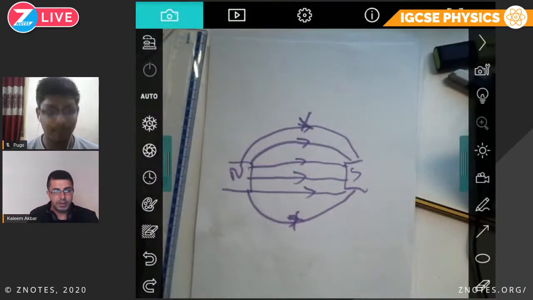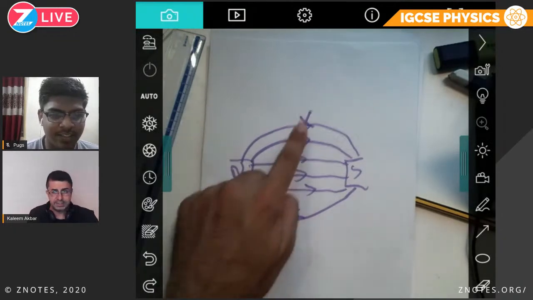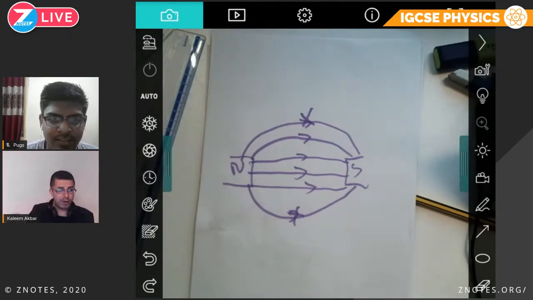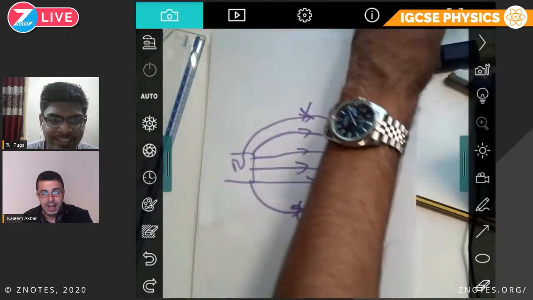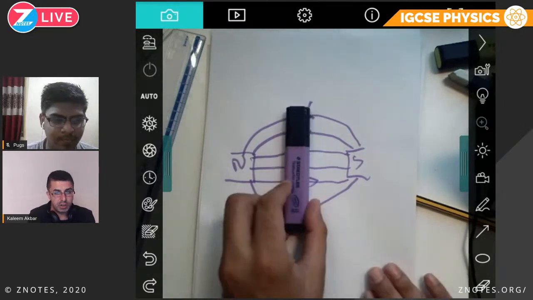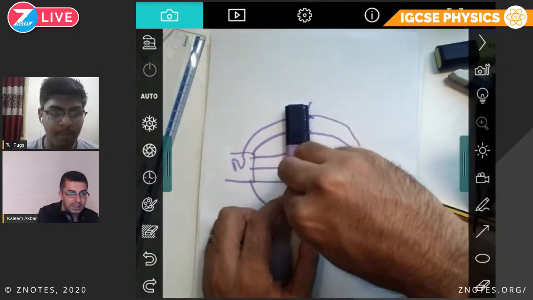Here we go. Right. Guys, I hope you can see this in front of me now. So what I've got is I have totally exaggerated a magnetic field. I've made it really curved at the top. But I did that so that I can illustrate to you what a coil of wire would be doing if it was spinning round and round and round. So I want you to imagine that my purple highlighter here is, we're looking at the coil of wire side on.